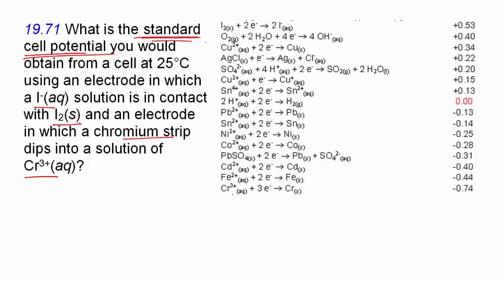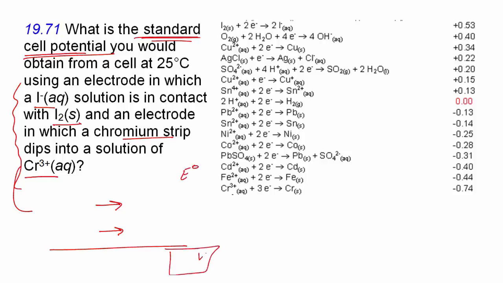So what we're going to do is use this information to figure out what our two half reactions are, figure out what the E zeros are, and then add up the E zeros, and we'll have our answer. That's our game plan, okay? Let's see if we can figure these out.